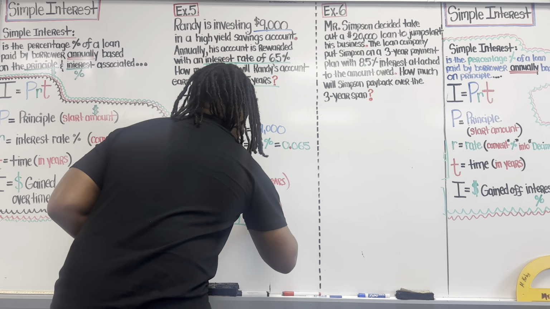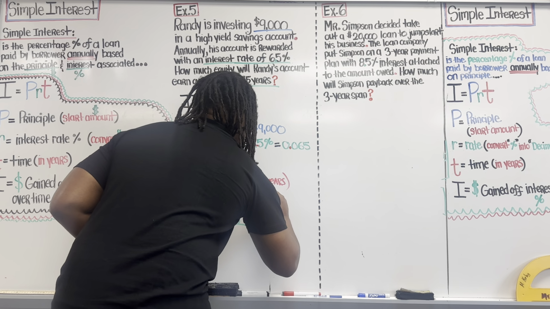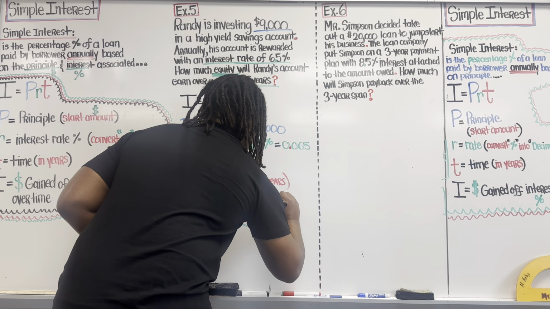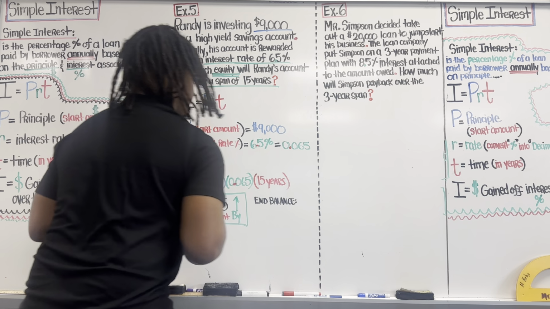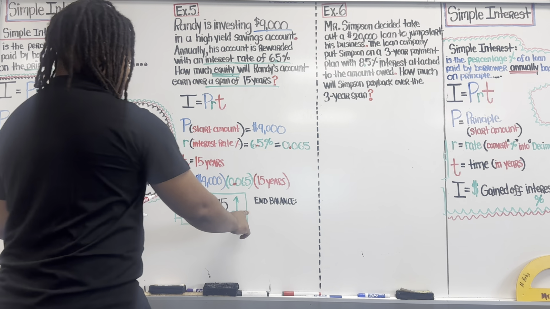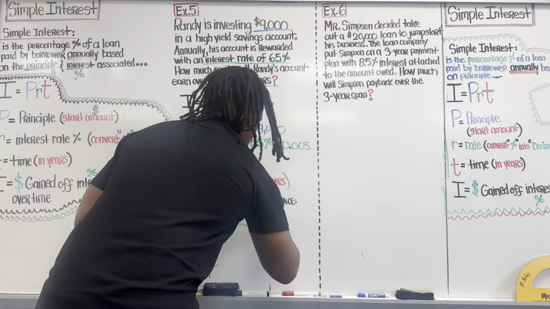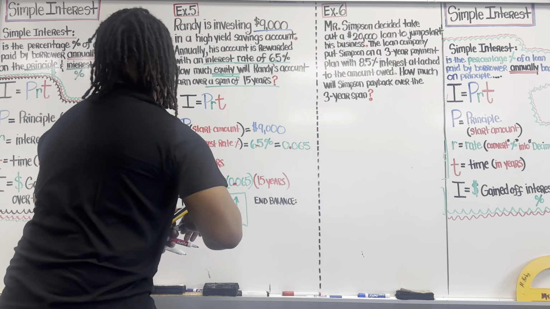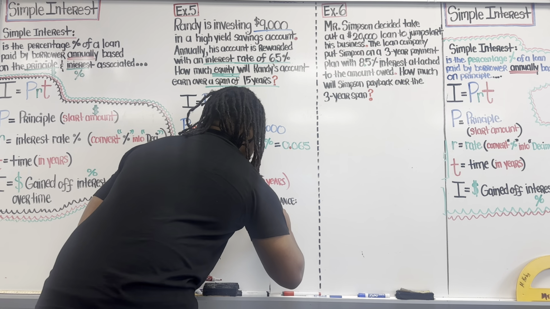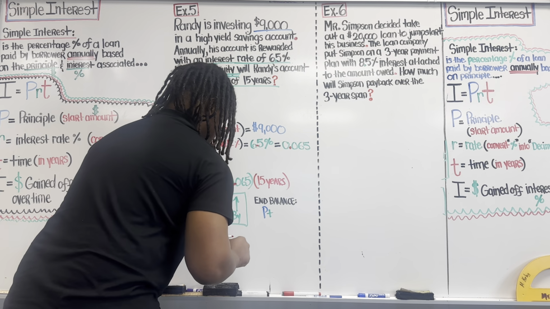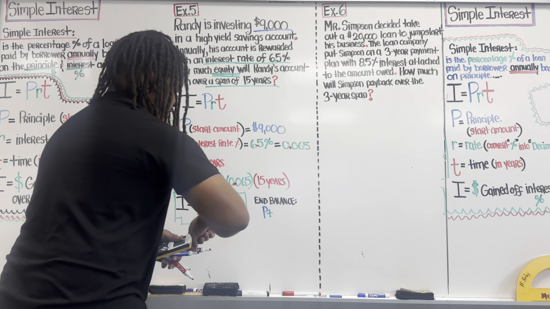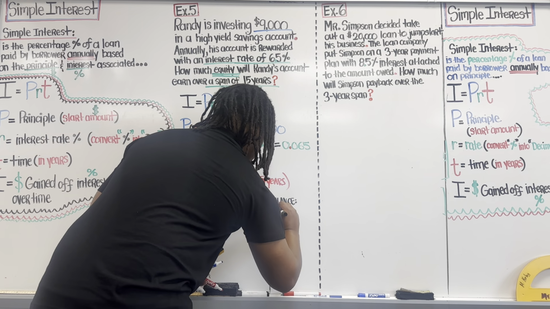So we want to find the balance. So balance, guys, right, is just the principal plus the equity or interest that has been gained over time. That's it. So it's simply just P plus the value of I. That's it, guys.